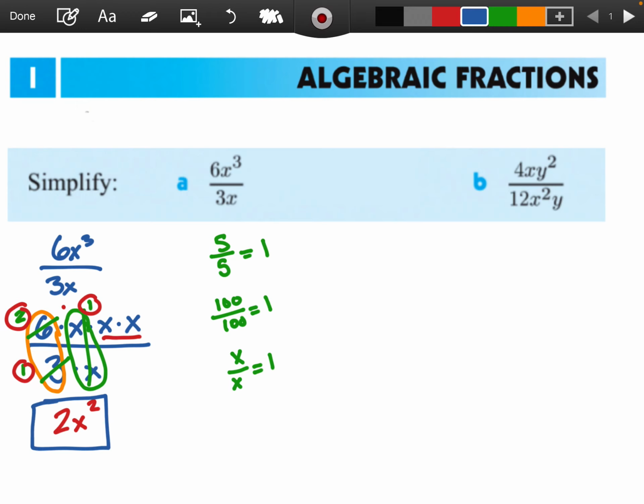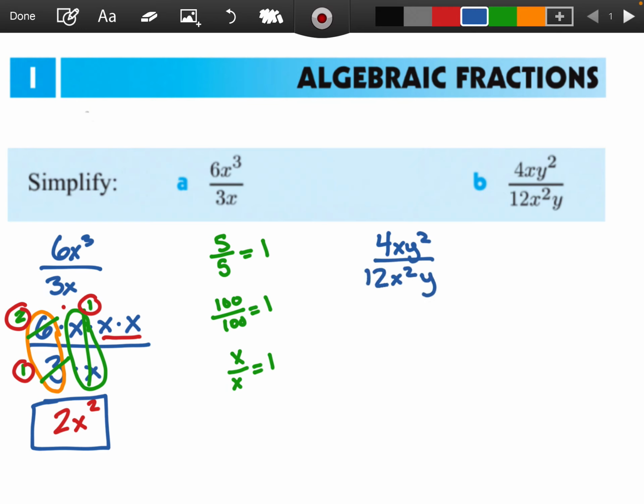Again, sometimes I find in the initial stages it can be helpful for students to write out exactly what is going on in the algebraic fraction. So I'm going to write out 4, and then I have a single x, and then I have 2 y's all multiplying together. And on the bottom I have a 12, I have 2 x's, and I have 1 y.